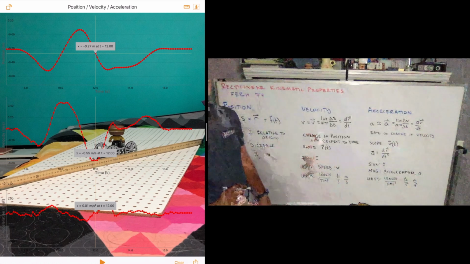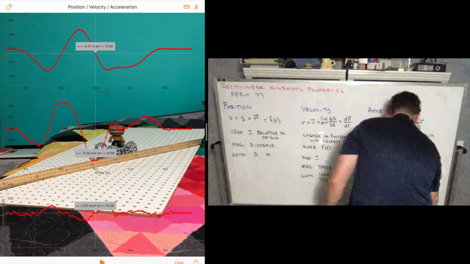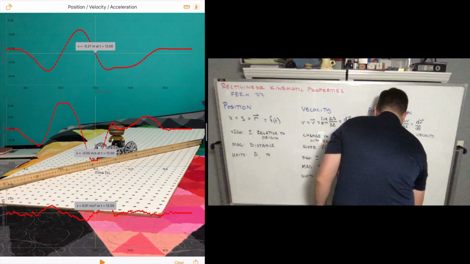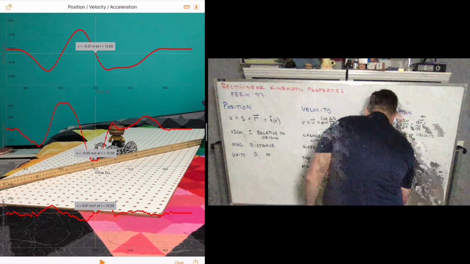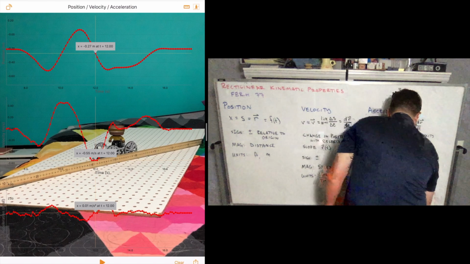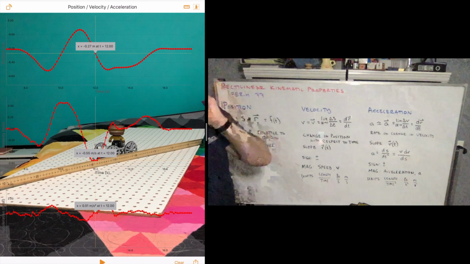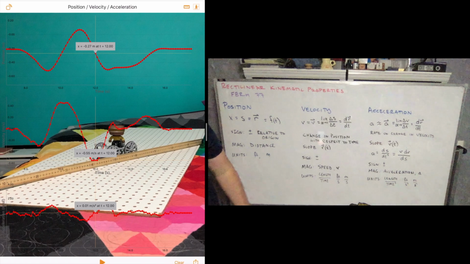And then there's another relationship that your textbook proves that we can also write acceleration this way. Or we can talk about it in scalar terms. So this is how your textbook actually talks about it. Something like this, where we have the velocity times the change of velocity with respect to position. And so we'd want to take advantage of that in some of our work.